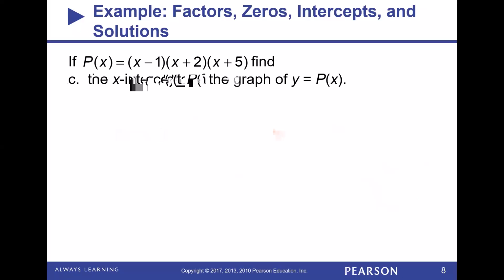Okay, so let me change the words again. Same polynomial. Find the x-intercepts of the graph. Now this is using a word that we started this course with: x-intercepts. Remember, the step process we learned to find x-intercepts was plug in y equals 0 and solve for x.